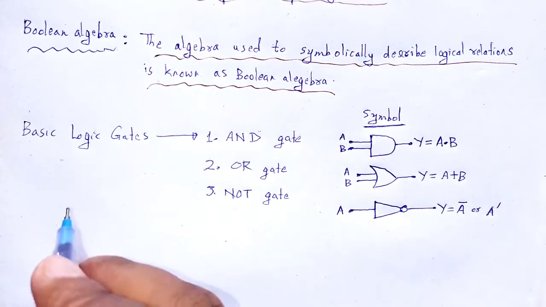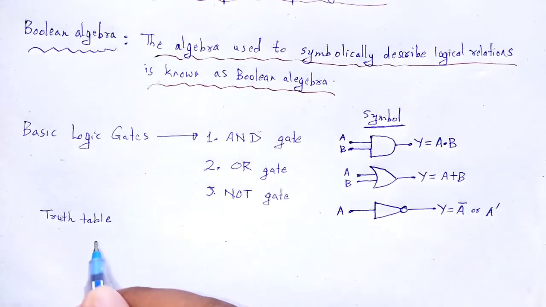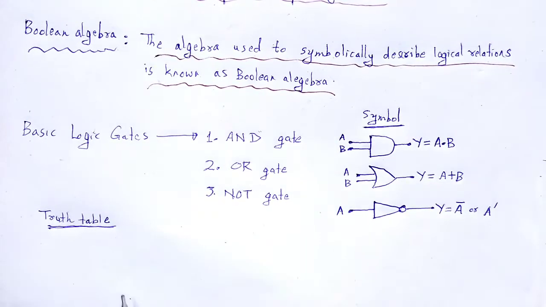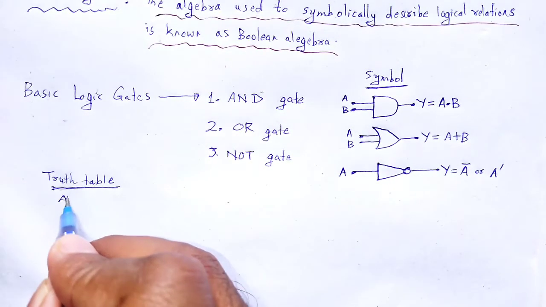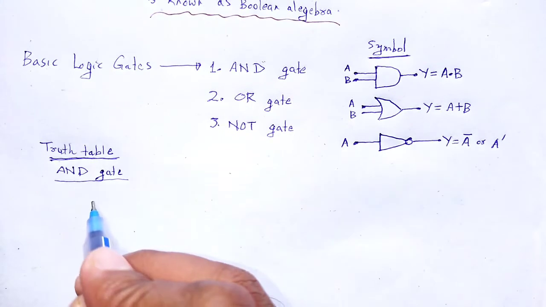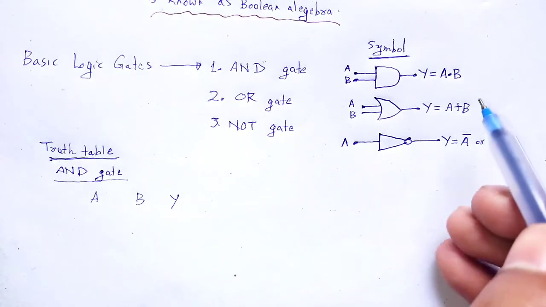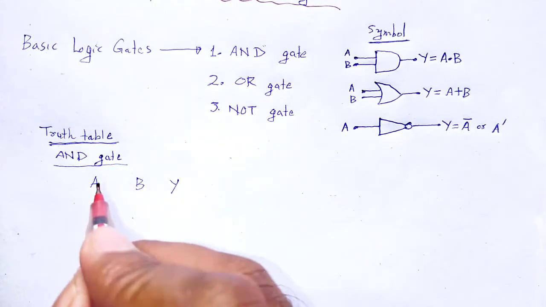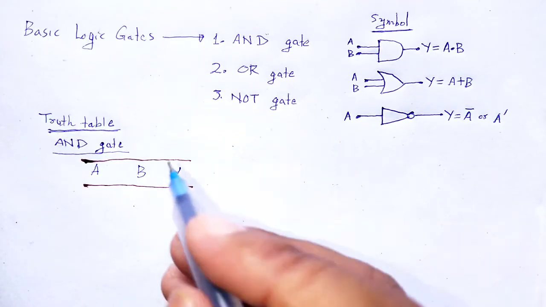The AND gate truth table: for the AND gate, let two inputs A and B, output Y. What are the possible ways of inputs?